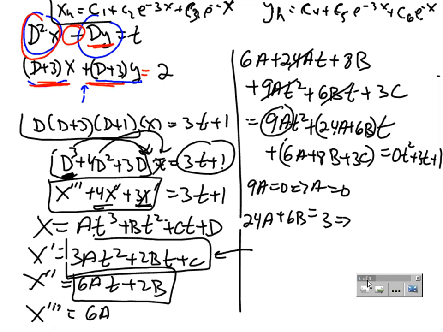Dividing by 3 to make the number smaller, 8a plus 2b is 1. And so a was 0, so then that must be 1. 8b plus 3c must be 1.